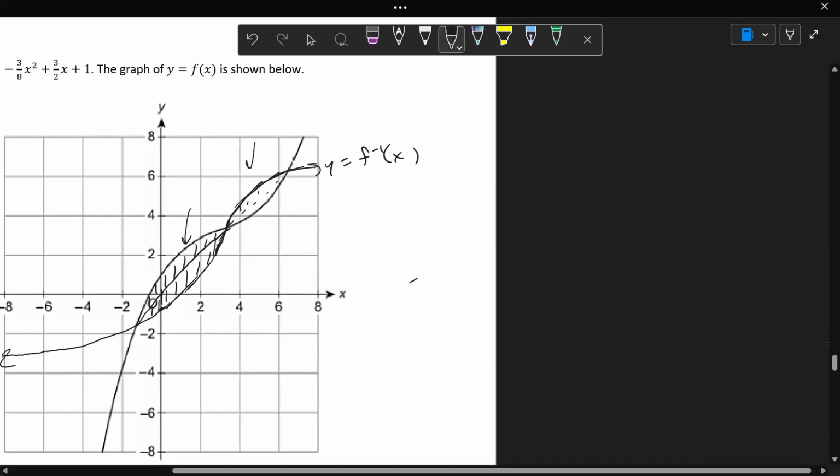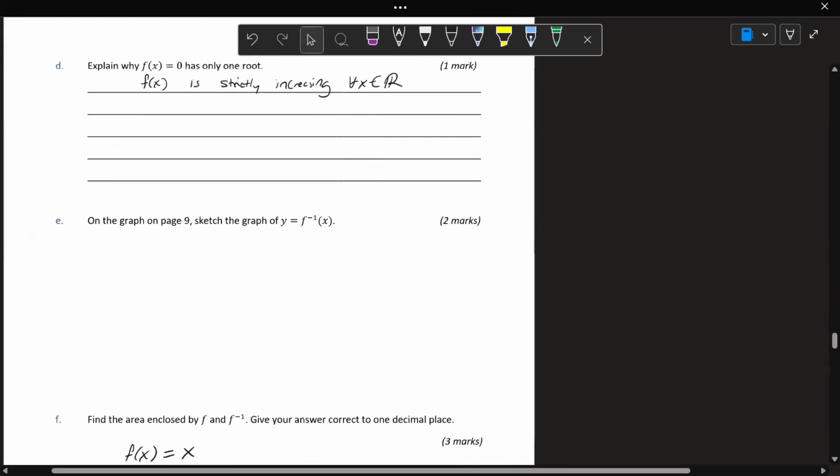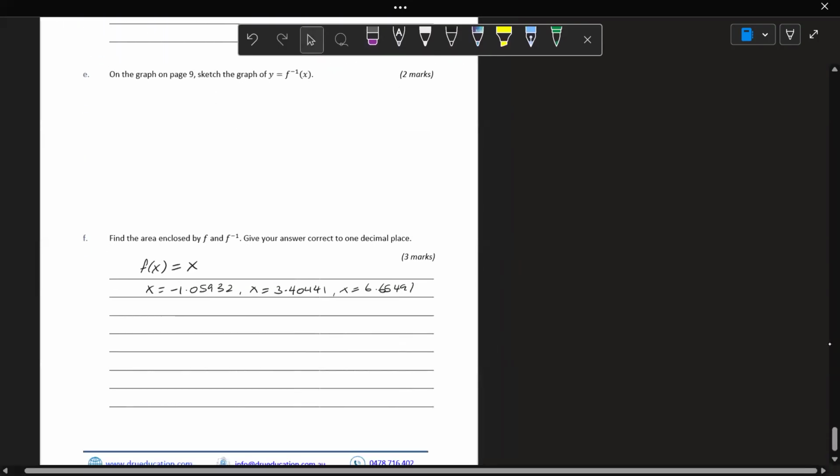And for this part, you can do x minus f of x, because f of x is the lower part here, and this is x, and then find the integral of that and multiply by 2. This way we can avoid finding the inverse. It just saves a bit of time.